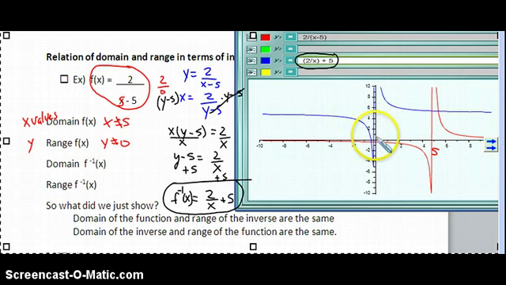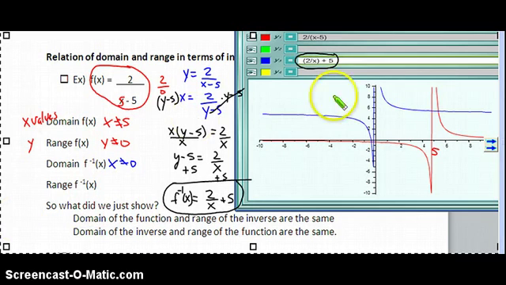Let's go back and look at what domain values work and what range values work. So notice now that the x values that are working are all of these negative x values until I get to an x value of 0, and then all of these positive x values are working. So this time the domain is x does not equal 0. And the range might be a little bit more difficult to see.